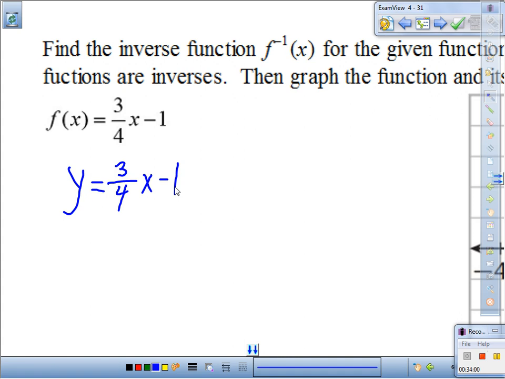What do we do now? We solve for x. So, line down the equal sign, and we do plus 1, plus 1. We end up with y plus 1 equals 3/4 x.